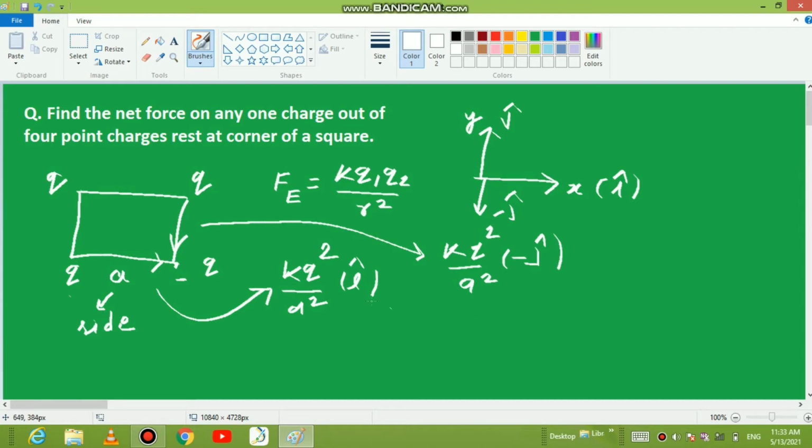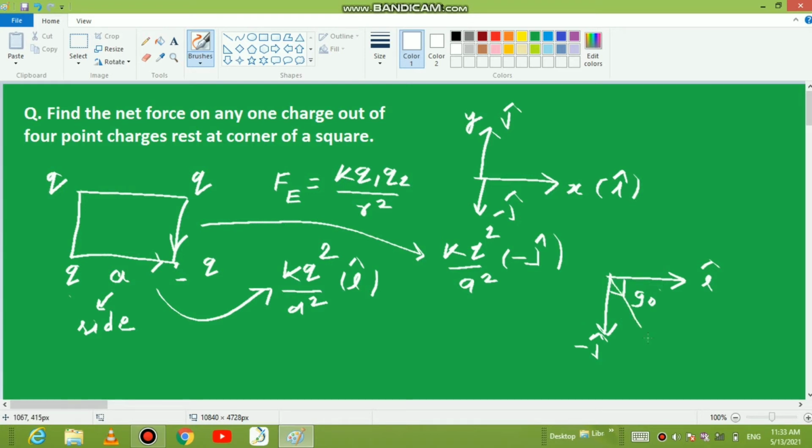Now friends, we calculate the resultant force due to these two forces. One is along the I cap direction and one is along the negative j cap direction. The angle between these two forces is 90 degrees, or a right angle.